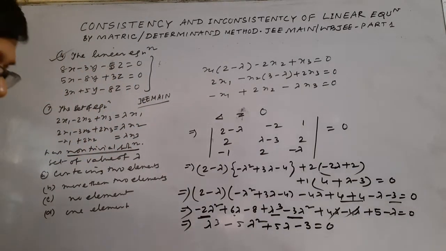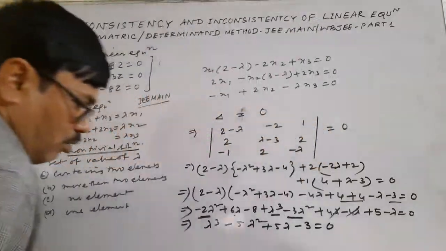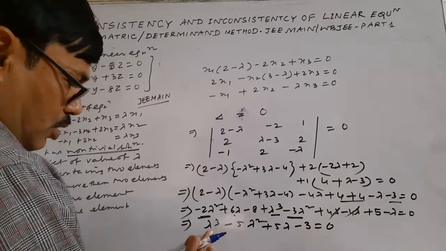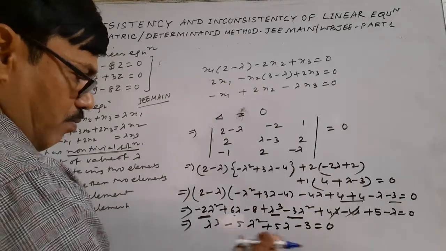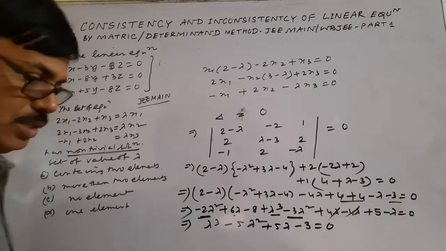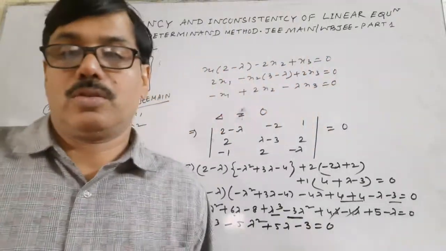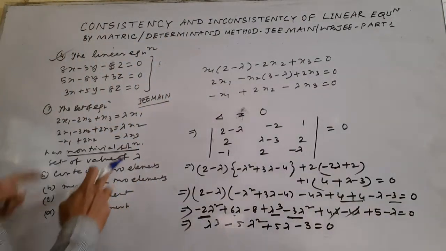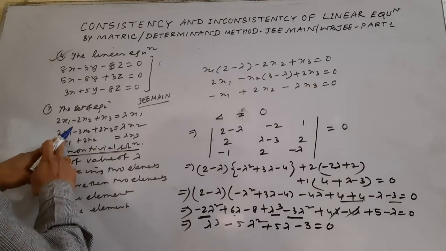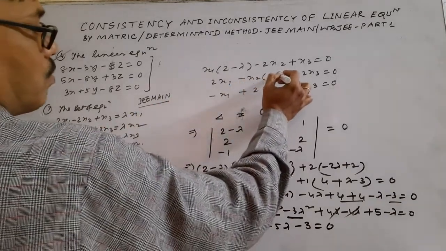So cubic equation, if we put lambda equals to 1, so 1 plus 5, this is 6, 5 minus 3. Listen again. I think 2 x1 minus, so this is x2 common, this is 3 plus lambda.